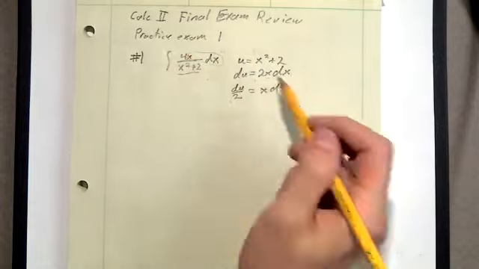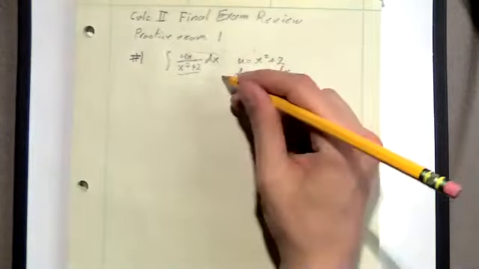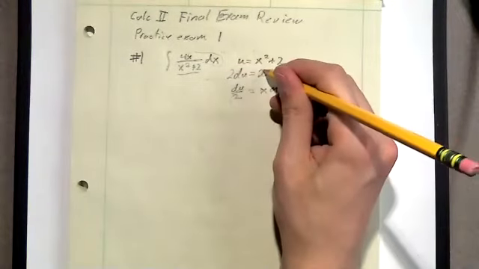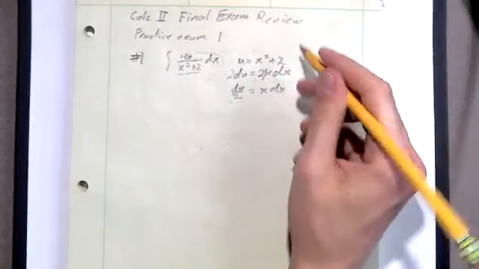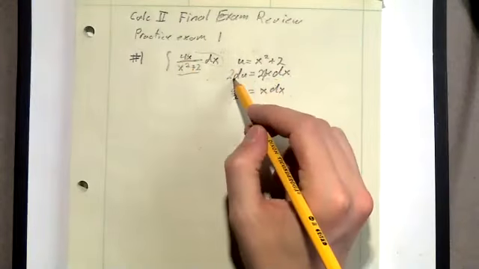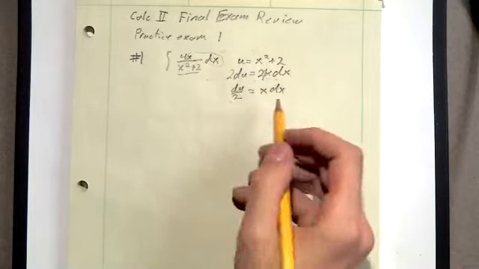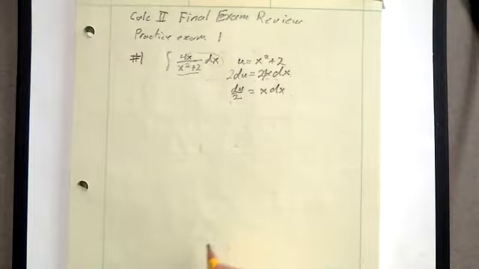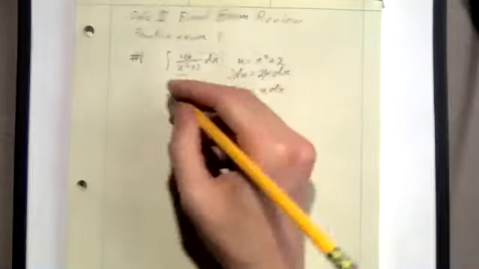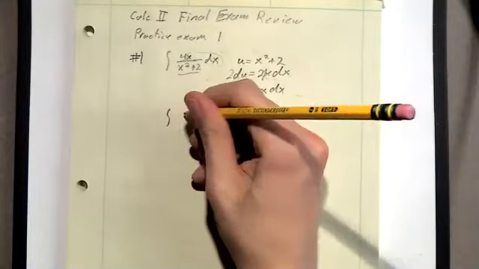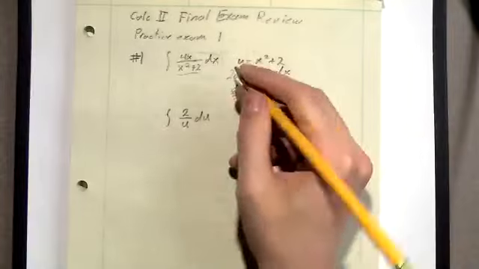And so we'd have 2 du. Or what you could do is multiply both of these by 2, and you'll find that the same thing happens. So that's 4x dx, and that turns into 2 du. Just like this, if we go through, we get 2 du again. And then of course the bottom just becomes u. So this becomes the integral of 2 over u du.